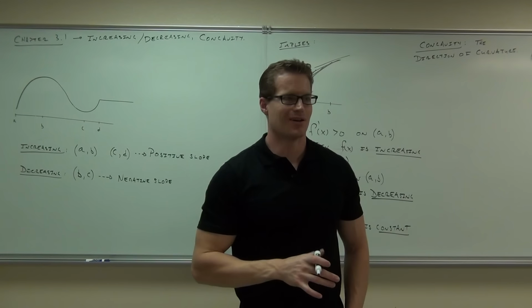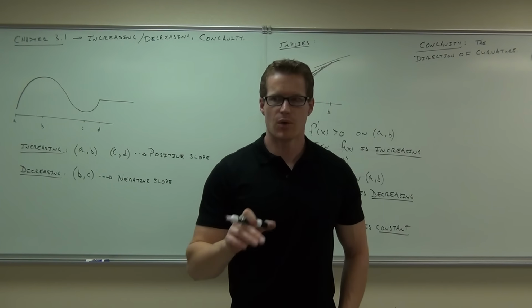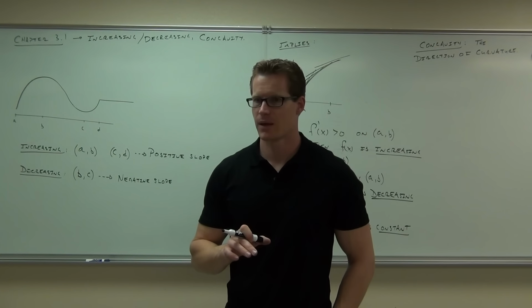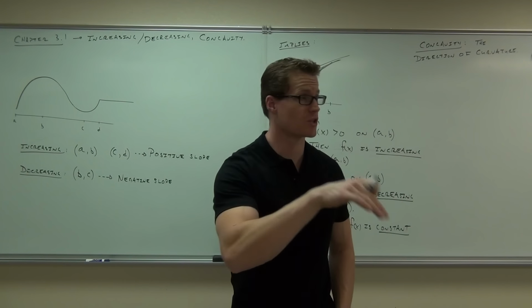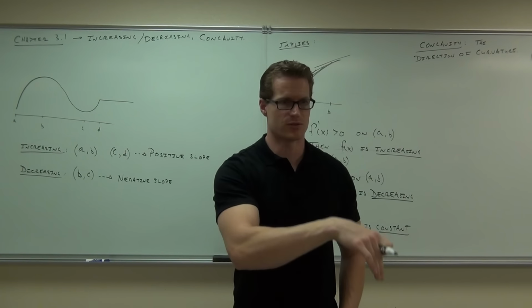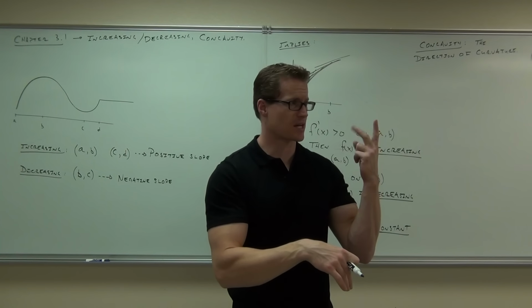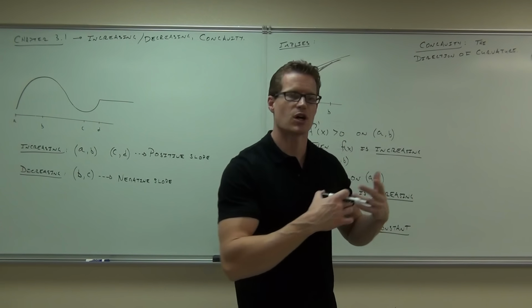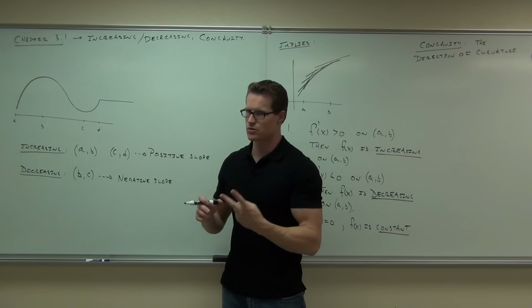You know this first derivative means the slope, correct? How the slope is changing, that's a rate of change of the slope, should be what type of derivative? Second derivative. First derivative gives you slope, second derivative gives you how the slope is changing, a rate of change of the slope. And so when we're talking about concavity, concavity has to do with the second derivative.